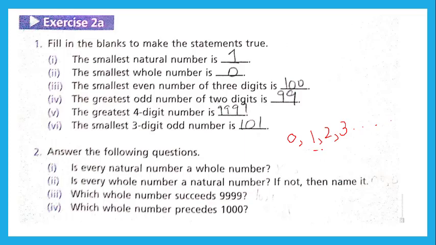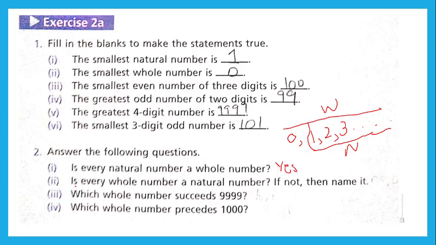So from 1 onwards these are all natural numbers, and from 0 onward these are all whole numbers. So you can see that every natural number is also a whole number. So you have to write over here in the solution: yes.